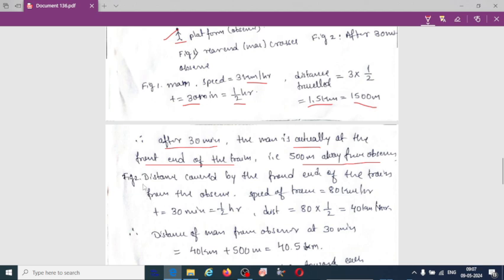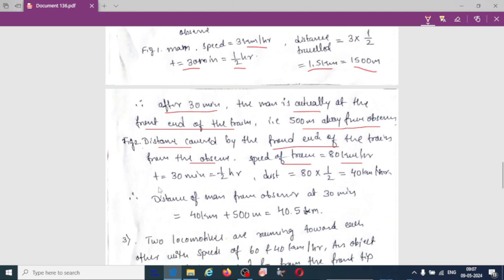Then figure 2, as we have drawn, the distance covered by the front end of the train from the observer. Then the speed of the train is how much? 80 km per hour. Time is how much? 30 minutes. 80 kilometer into 1 by 2, how much distance has the train covered? 40 km. So the distance of the man from the observer at 30 minutes, how much?